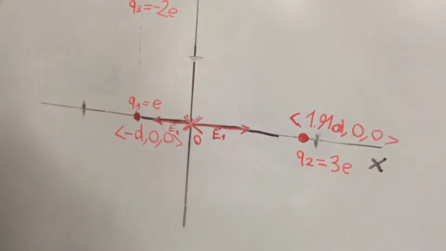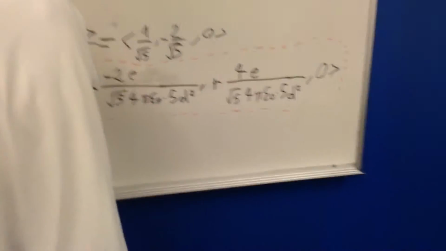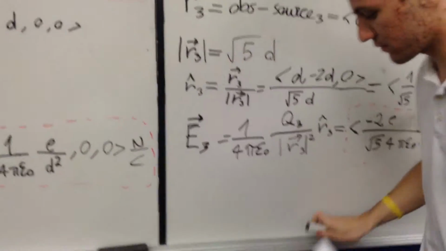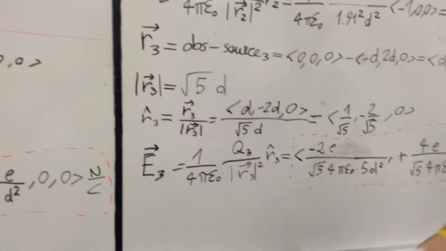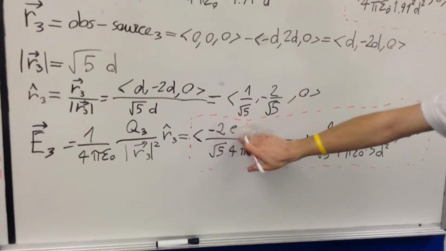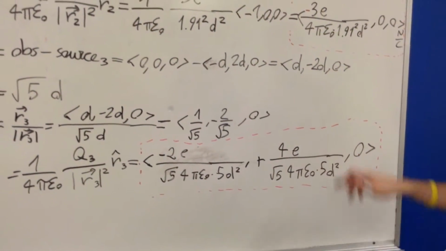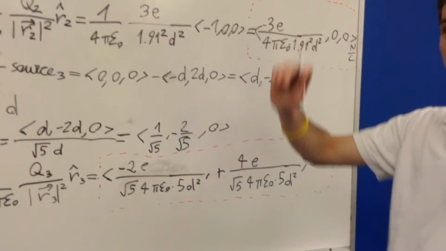But now, in order to draw E3, excuse me, I forgot an arrow, we need to see that the x will be negative, so it will point away. Then the y will be positive, so it will point up.